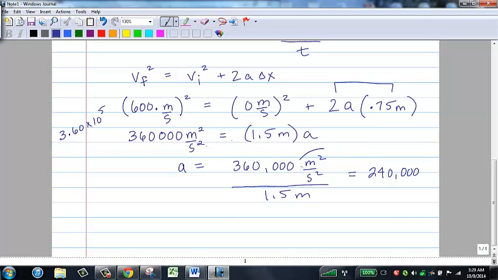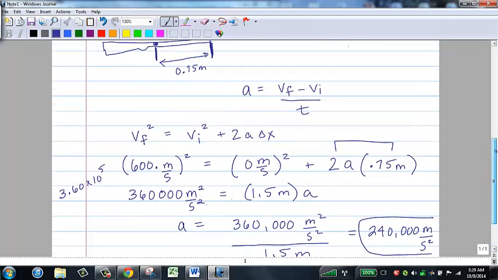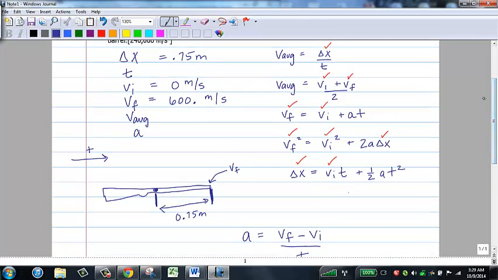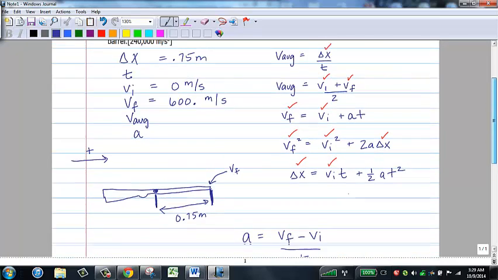When I divide meters squared by meters, it won't be meters squared anymore, it'll just be meters. And so my answer will be in meters per second squared, which is what's expected for an acceleration. It's a huge acceleration because there's a giant change in the velocity from 0 to 600 meters per second in just a tiny amount of time.